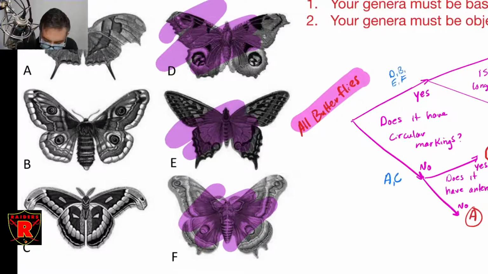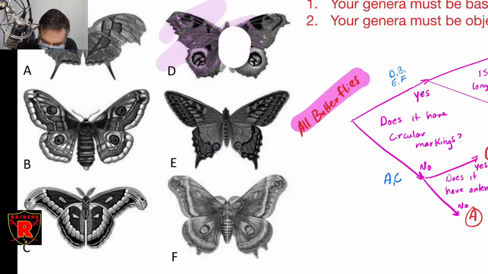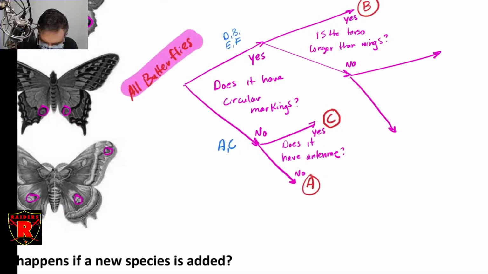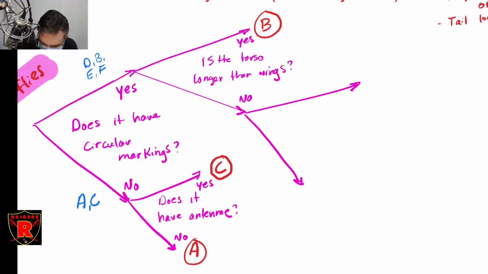Two circular marks versus 4 circular marks. Okay, number of circular marks. Sure. So here, I'm assuming you're saying, okay, this is the 2 circular marks versus 4 circular marks. So are there more than 2 circular marks?